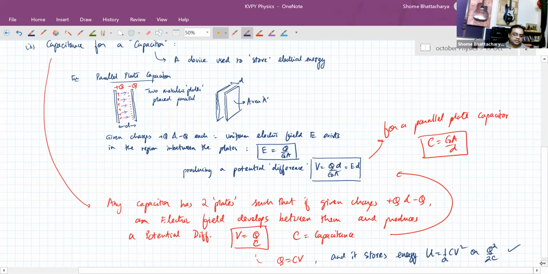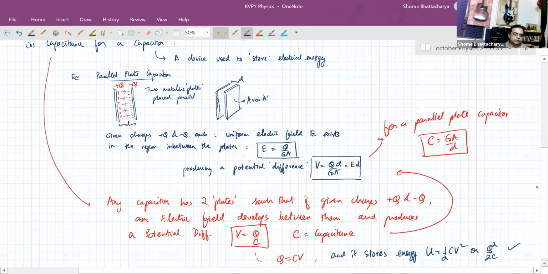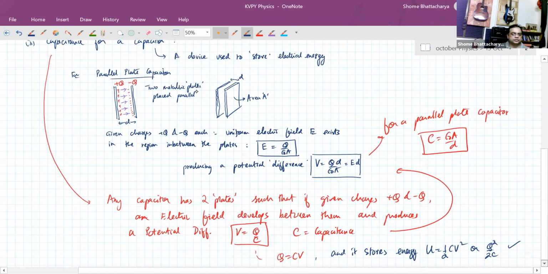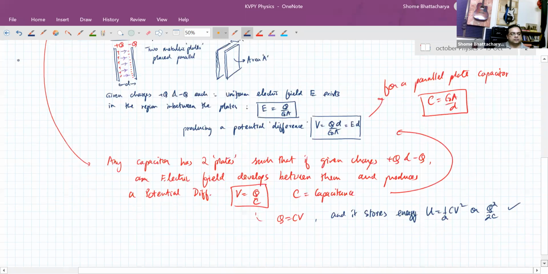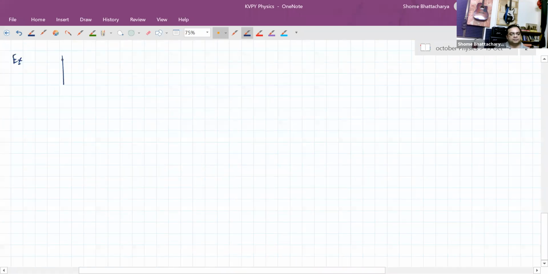Okay, so let's look at a simple example of application of this now. A parallel plate capacitor is typically represented by this kind of diagram, or in a simple circuit diagram, the circuit diagram symbol for any capacitor is just two sticks like this.